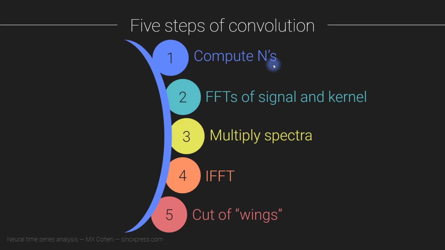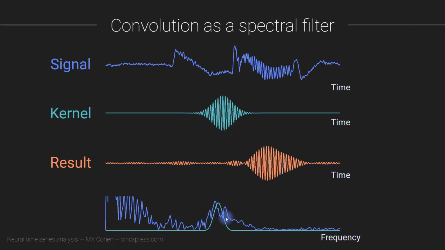The reason why this is important is that even though you're doing this through spectral multiplication, we still have to make sure that the result of convolution is n plus m minus 1. We still need that length for a valid result of convolution.